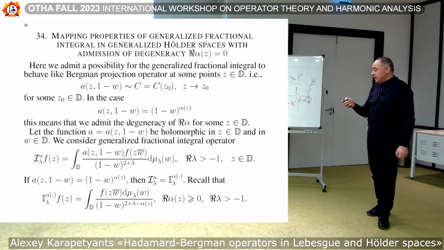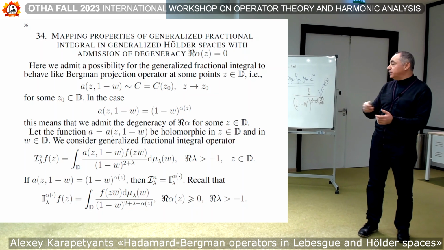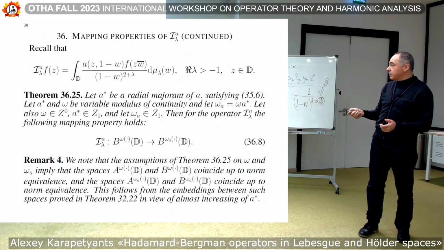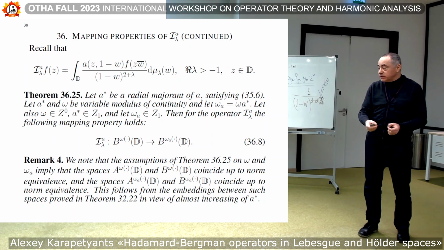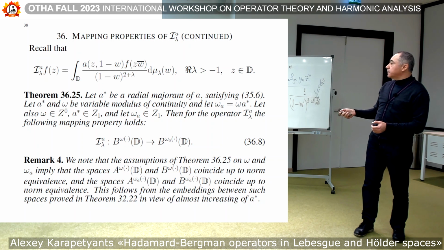It's very interesting. But instead, when you allow alpha to be like this, you have to impose some additional requirements on the modulus of continuity defining the spaces A omega and B omega. Okay, we have a general result for this operator.